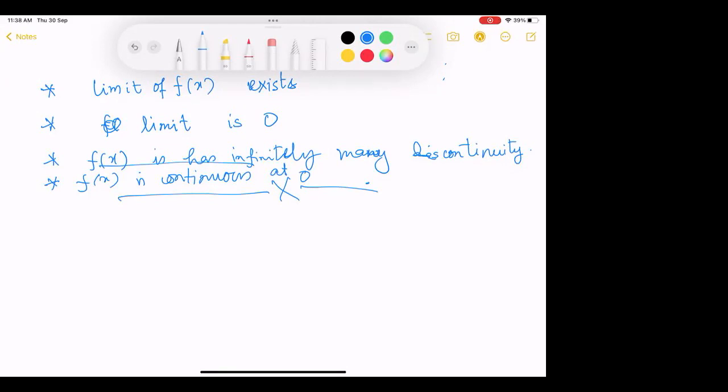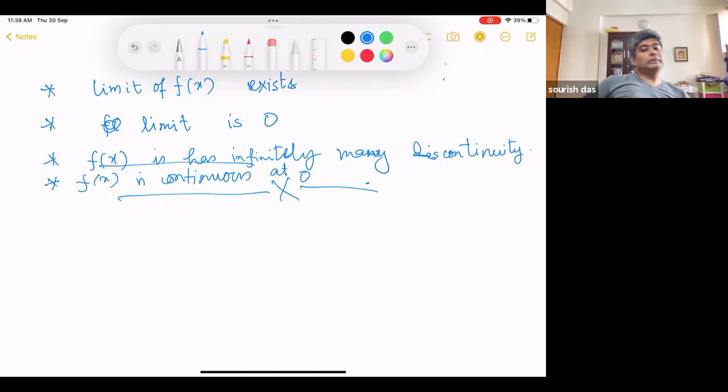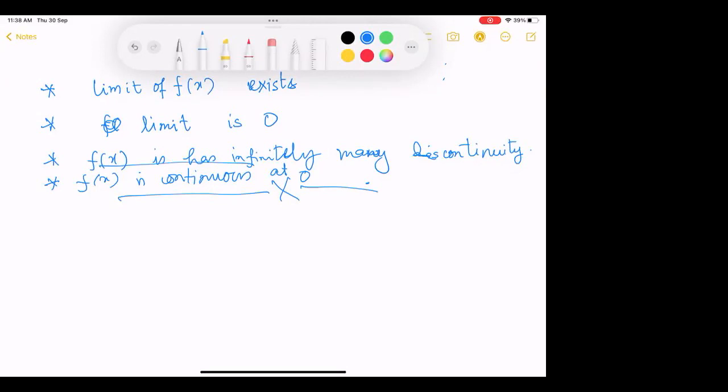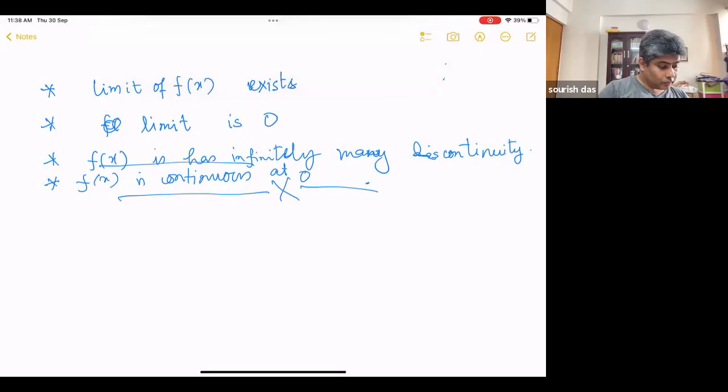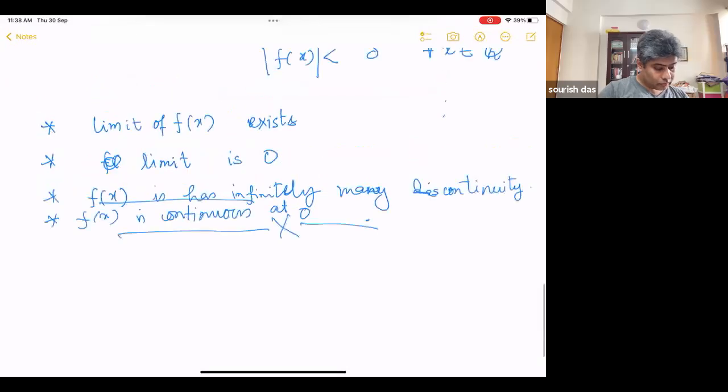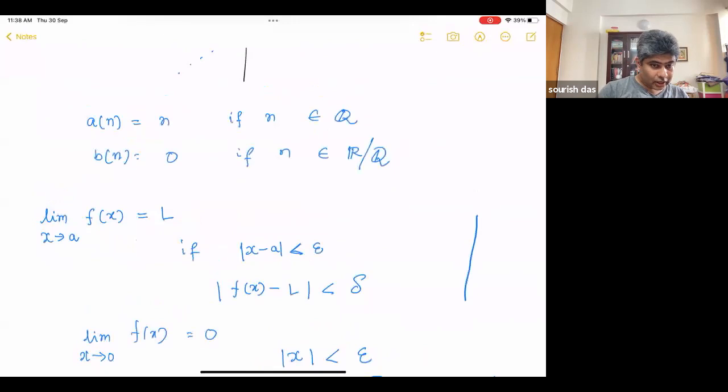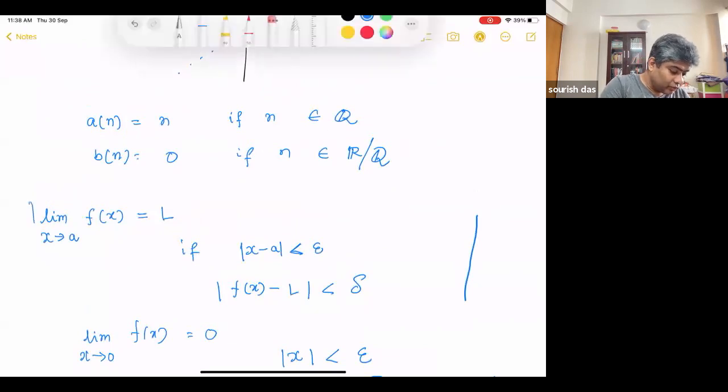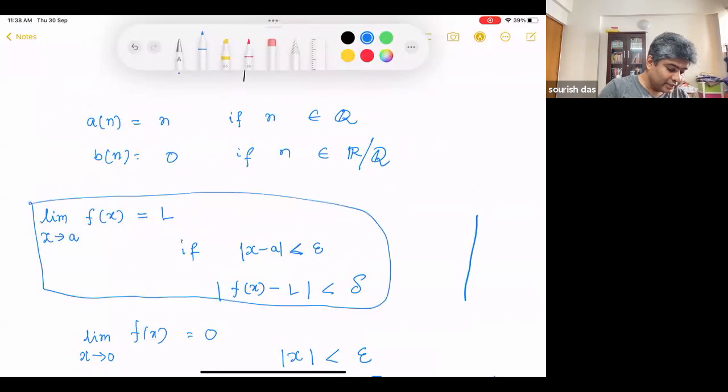Excuse me, sir. I could not exactly understand how we argued that the limit existed at 0. If you look into this argument, what is it saying? This is basically the definition of limit; you can find it in any limit textbook.